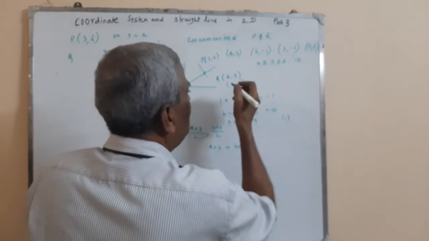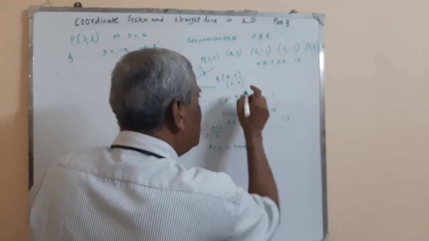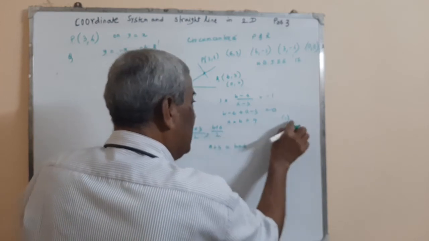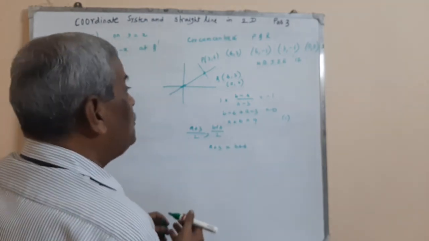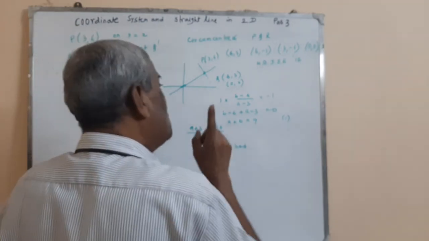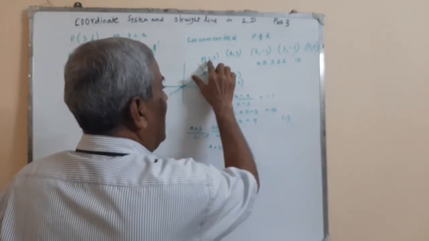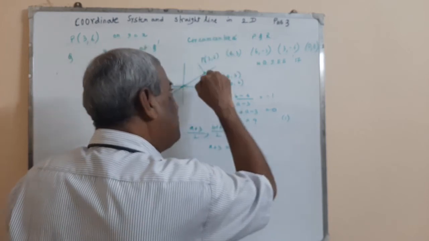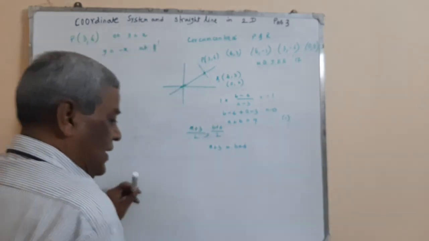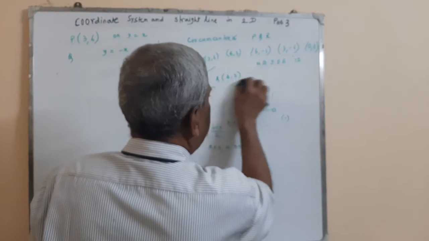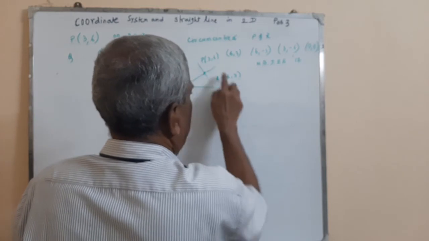Now solving equation 1 and this equation number 2, you very easily obtain that a is 6, b is equal to 3. But actually, you must keep in mind that with respect to y is equal to x, the point (alpha, beta) will be reflected to the point (beta, alpha) just reversed. So the point Q is (6, 3).